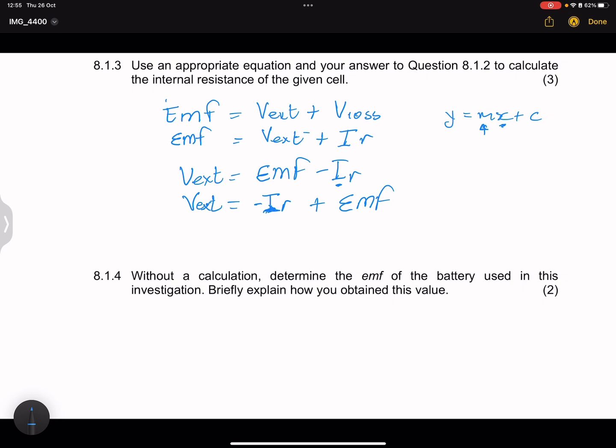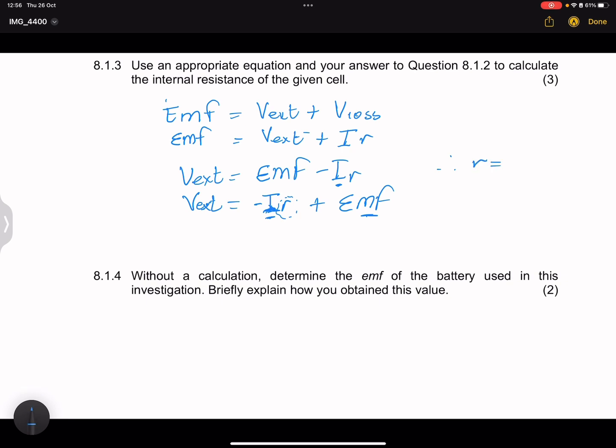Our x variable is current, which means the coefficient is minus R, which is the gradient. And of course, EMF forms our y-intercept. Therefore, the gradient of this graph actually gives us the internal resistance.